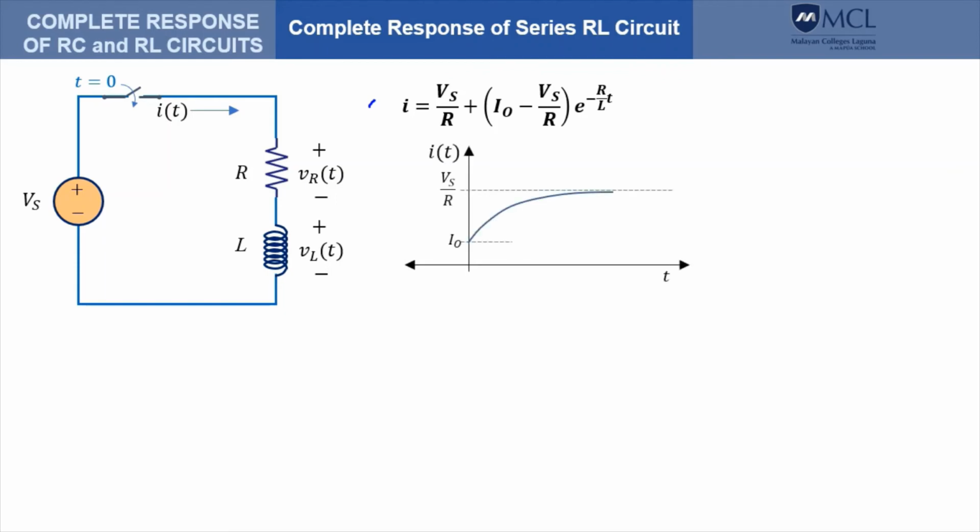We can plot that equation, and that will give us this plot. Similar to V sub C, I will start from a certain value because we assume that at t equals 0, I equals I sub naught. And it grows until it reaches a constant value V sub S over R.